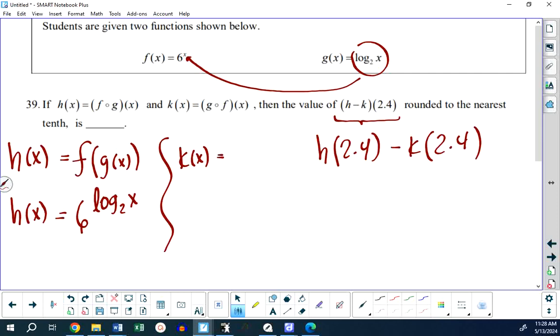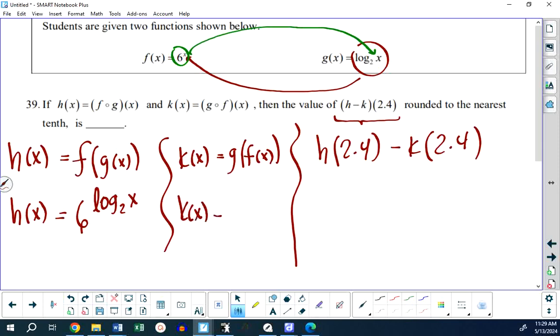Well, k of x is g of f of x. And I'm starting to realize that the second method I'm going to show you is probably the smarter one. But I'm going to do it this way anyway. That means that for this one, we put 6 to the x in here. So you get k of x equals log base 2 of 6 to the x.